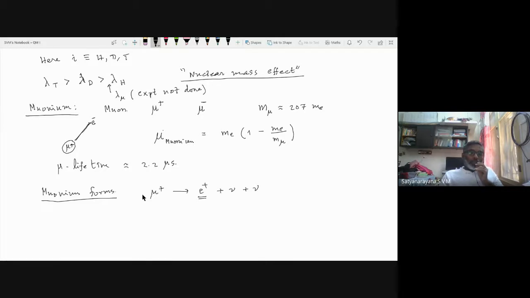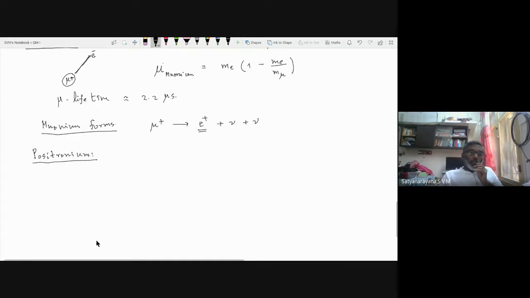Now there is also another interesting system. It's called positronium. Okay, so this is basically like a hydrogen atom again, where instead of a proton, you have a positron. So you have a positron at the center, and then the electron.